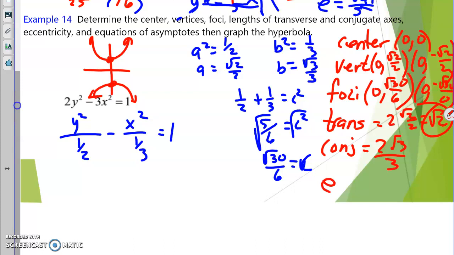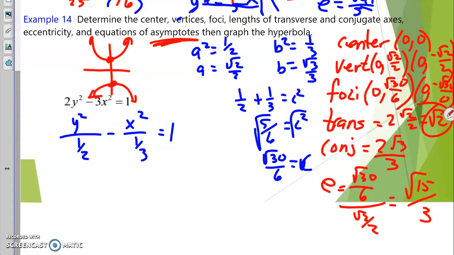My eccentricity is going to be the square root of 30 over 6 divided by the square root of 2 over 2. Doing a little bit of math, I come up with the square root of 15 over 3. Then the last thing is the asymptotes.